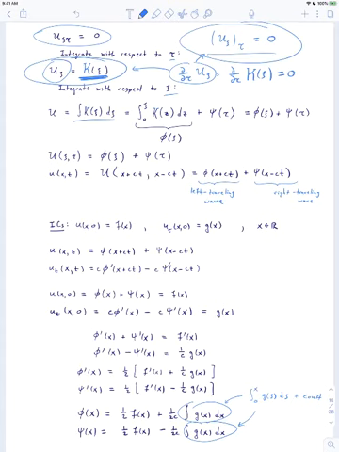So we're going to use the fundamental theorem of calculus to write this indefinite integral as a definite integral, because this indefinite integral is an antiderivative. It's the general antiderivative. So we're going to write it in terms of a definite integral in the way that we usually do, which we have here.